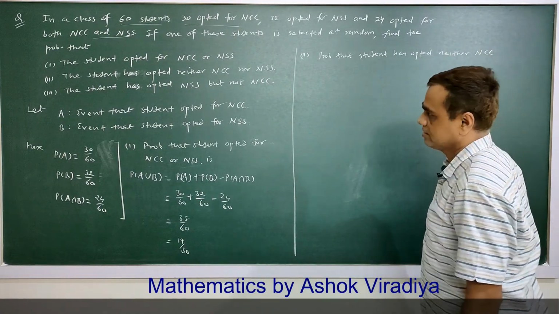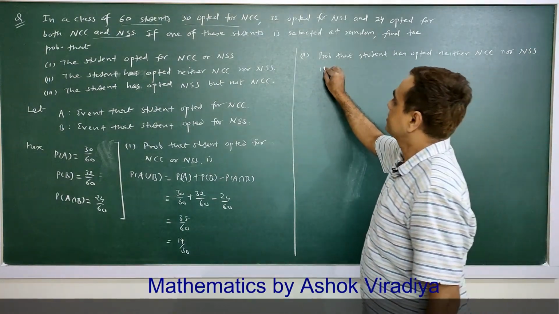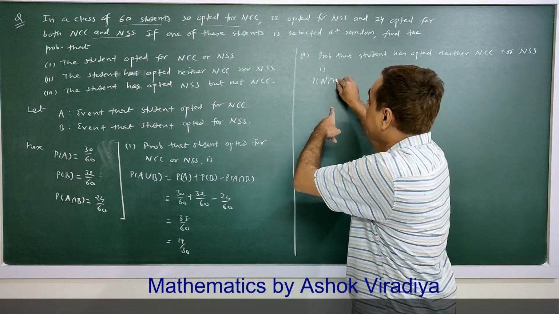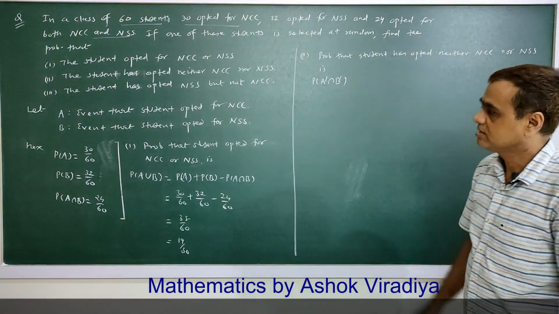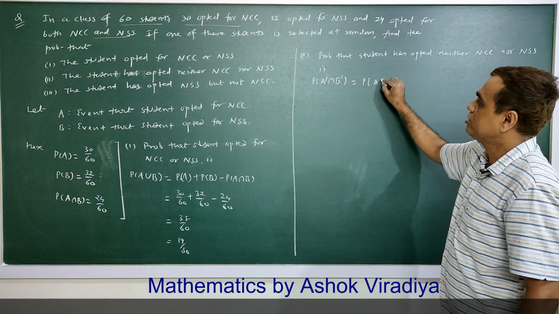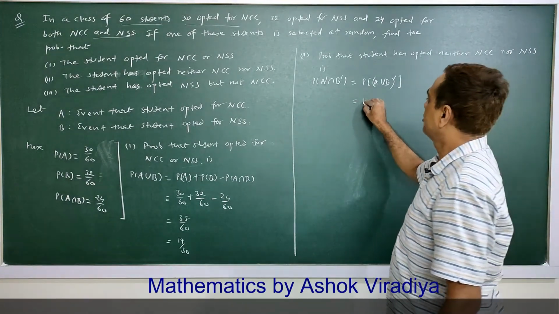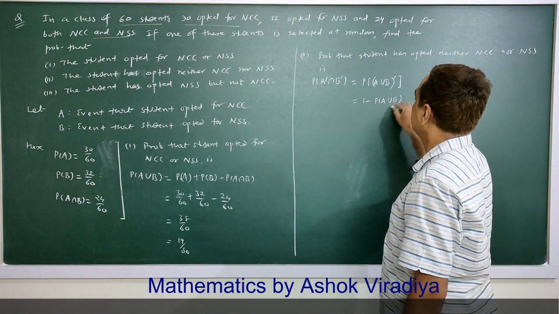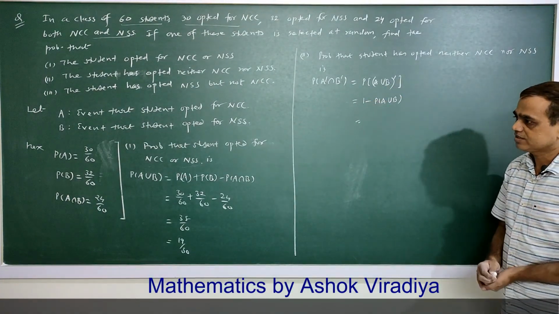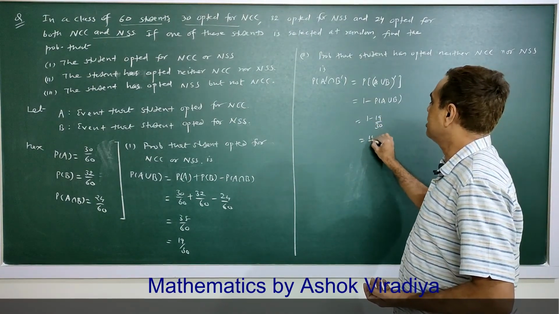Neither NCC nor NSS means not A and not B. By De Morgan, it is P of A union B whole dash. So this is 1 minus P of A union B, since probability of E dash is 1 minus P of E. So this is 1 minus 19 by 30, which is 11 by 30.